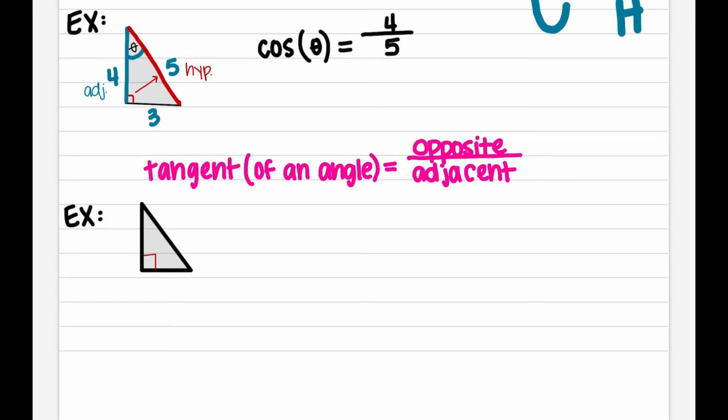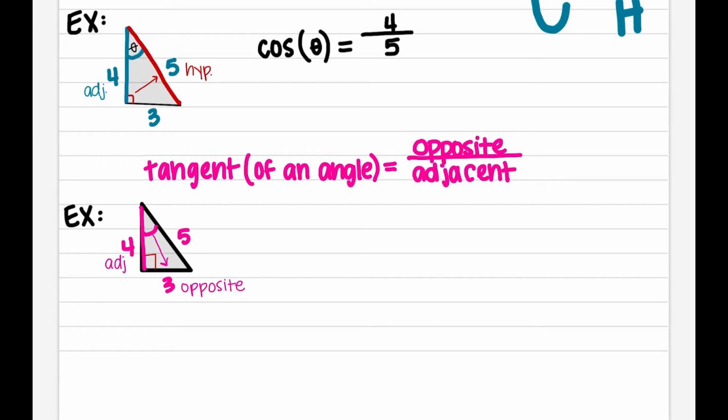So again, if we are using this top angle in the triangle, then we need to label the opposite and adjacent sides. Okay, if we've got these same measurements, 3, 4, and 5, then directly across from the angle that's marked is going to be the opposite side. The side that is connected to the angle is the adjacent side. So those are the two that we are going to be looking at for the tangent ratio.